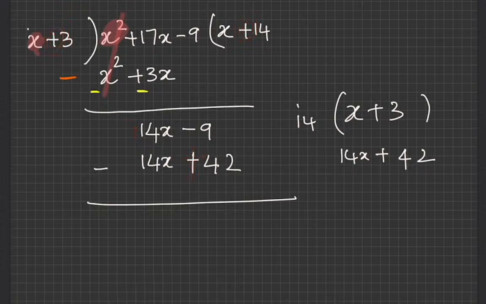Then I change the sign. 14x minus 14x cancels, and I have negative 42 and negative 9, so that gives me negative 51. This is my remainder.